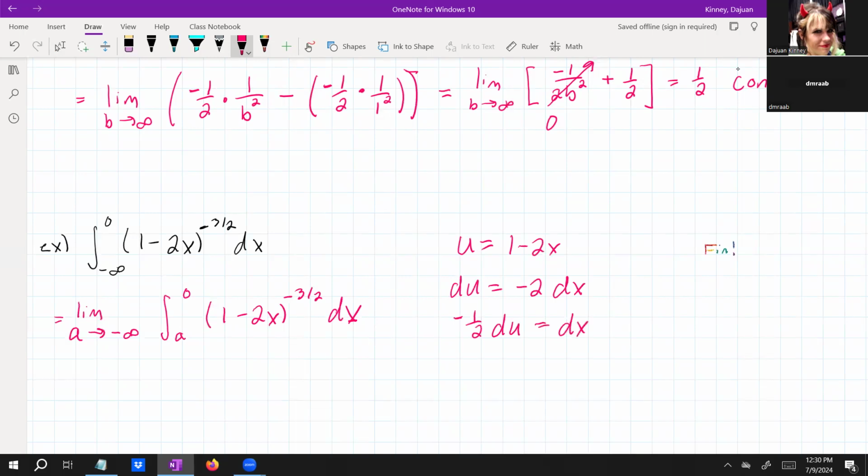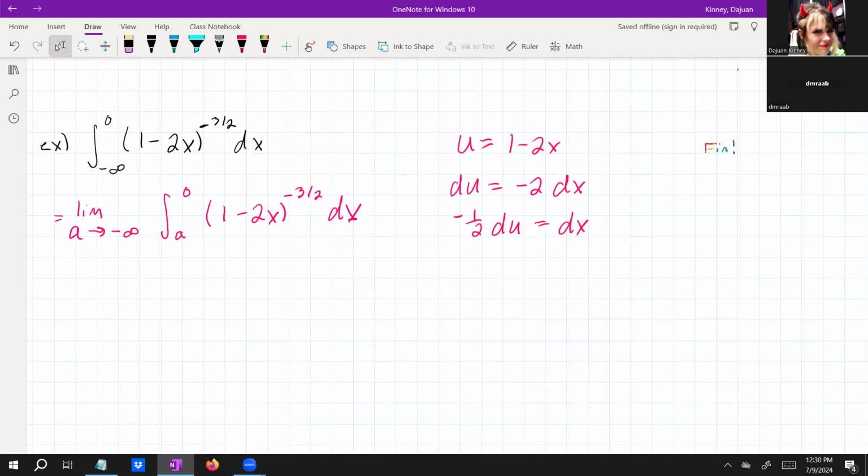Okay, so do a u sub, move things around a little bit. All right, bring this outside, negative 1/2, from a to 0. And this gives me u to the negative 3/2 du.